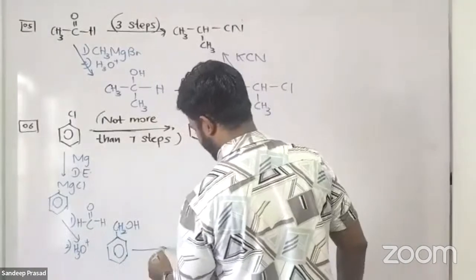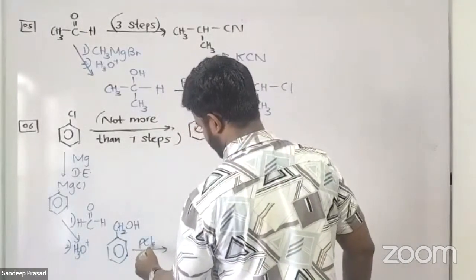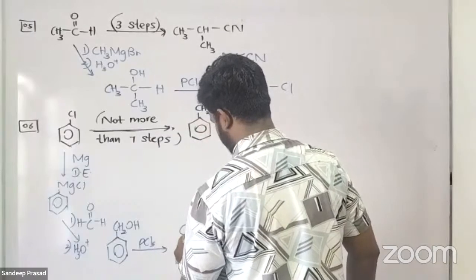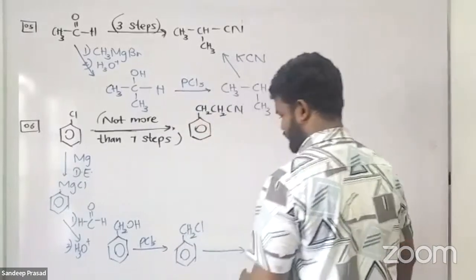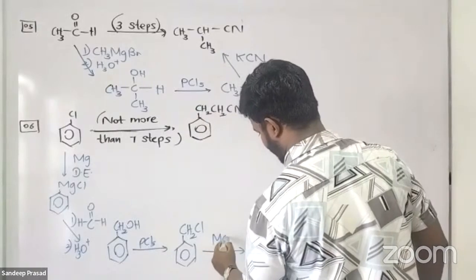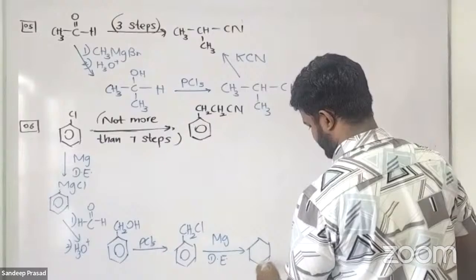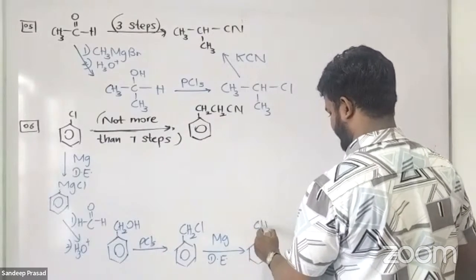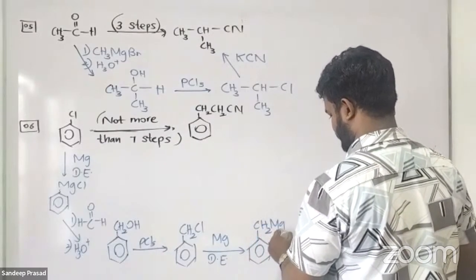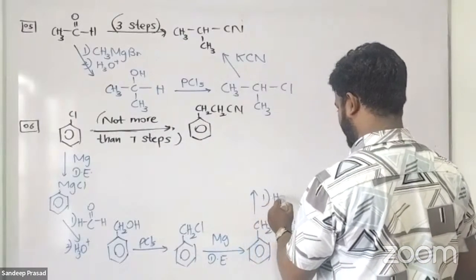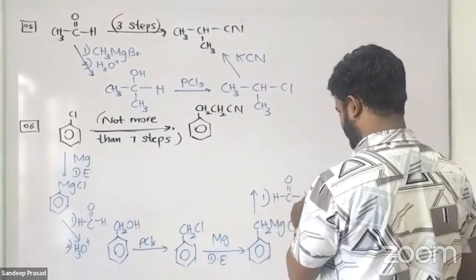Again, I'm adding PCl5, forming CH2Cl. Again, forming a Grignard reagent by adding magnesium, CH2MgCl. For this one, I'm adding first of all methanal.